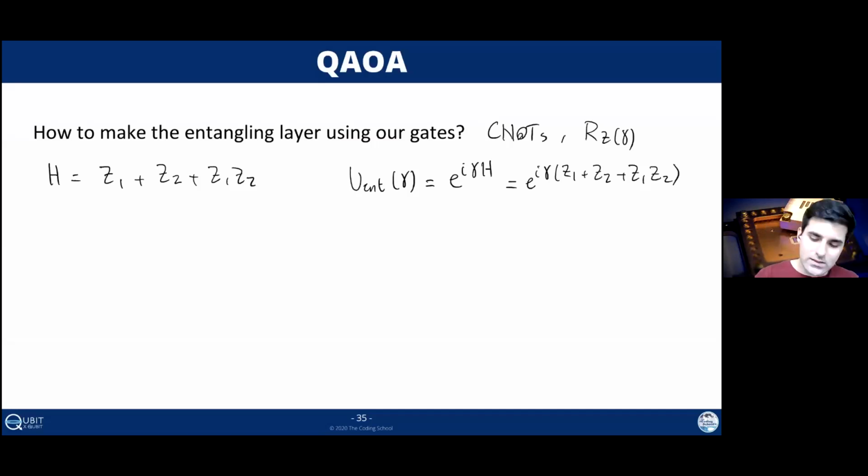As a result of that, and only as a result of that, because if these operators in the exponent didn't commute, then I couldn't do what I'm going to do right now. But since they commute, I can essentially separate out the exponent. So I can write this as e^(i gamma Z1) times e^(i gamma Z2) times e^(i gamma Z1 Z2).